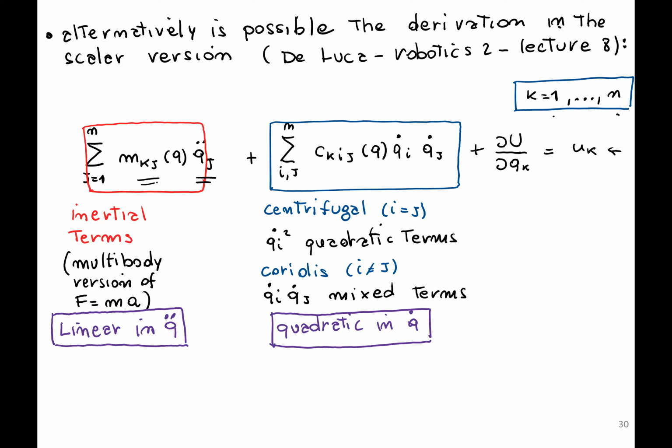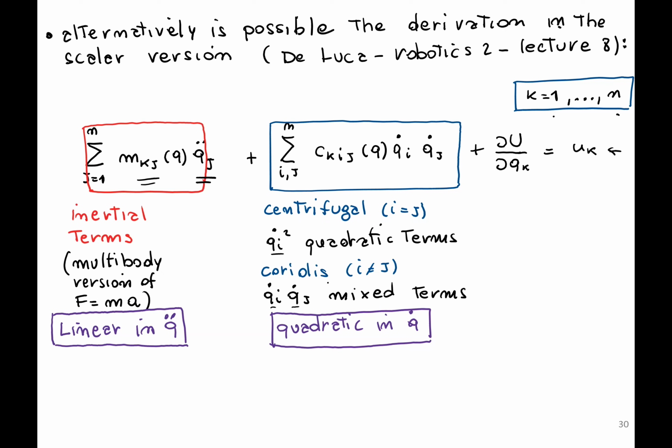Then we also have centrifugal terms, whenever we see that here we have quadratic terms in the velocity. And these quadratic terms are of two types. Whenever you have i equal to j, we have centrifugal terms. Whenever i is different than j, we have mixed terms that are Coriolis.